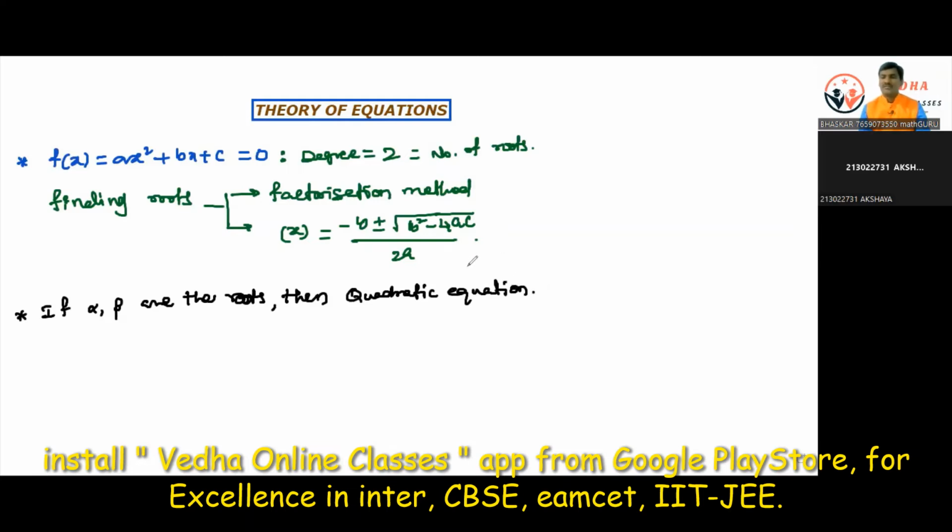The formula is x square minus of alpha plus beta into x plus alpha into beta is equal to 0.